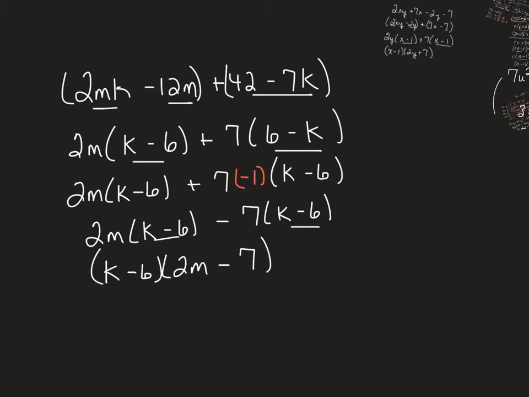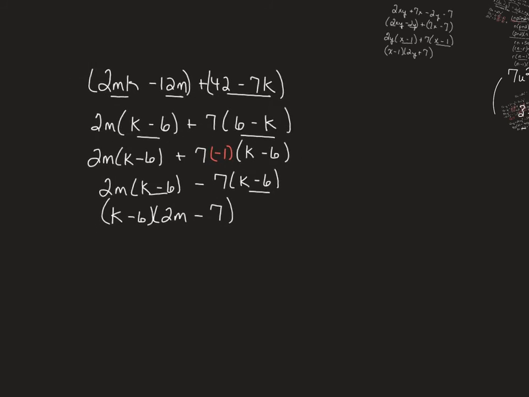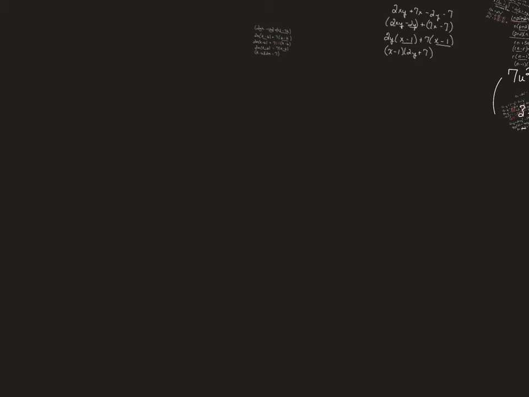Probably need to do another one like this. All right, let's do c minus 2cd plus 8d minus 4. All right, looks like these two have something in common, and these two have something in common.